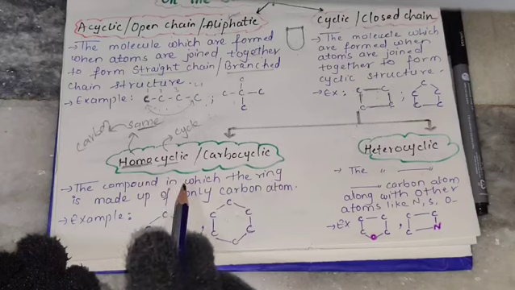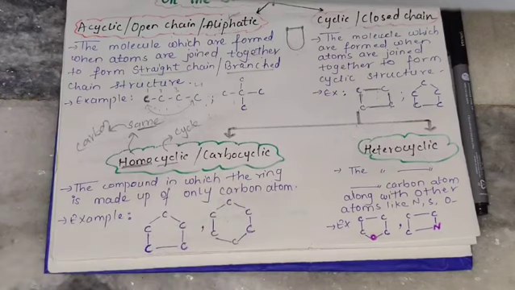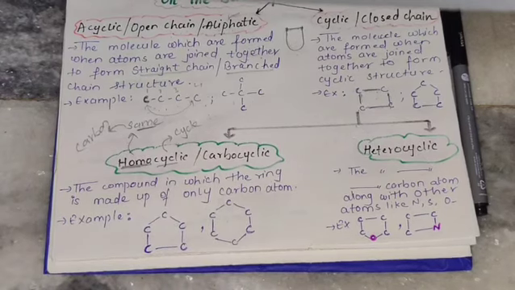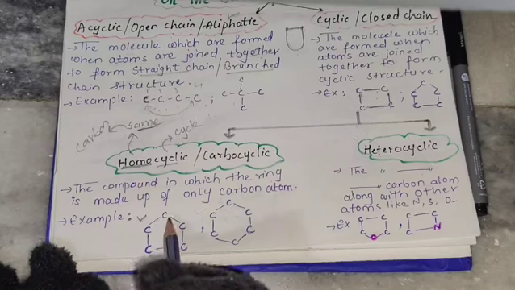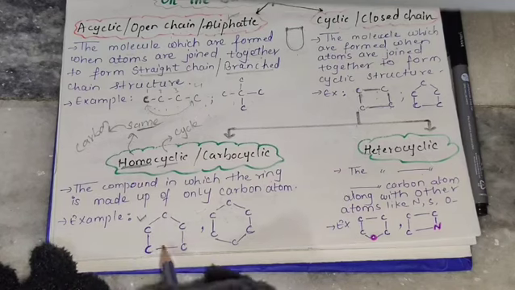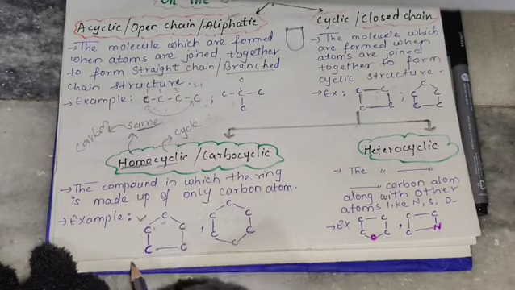So the compound in which the ring is made up of only carbon atoms is known as a homocyclic compound. As you can see here in the example, this compound is made up of only and only carbon atoms, that is the same atom.